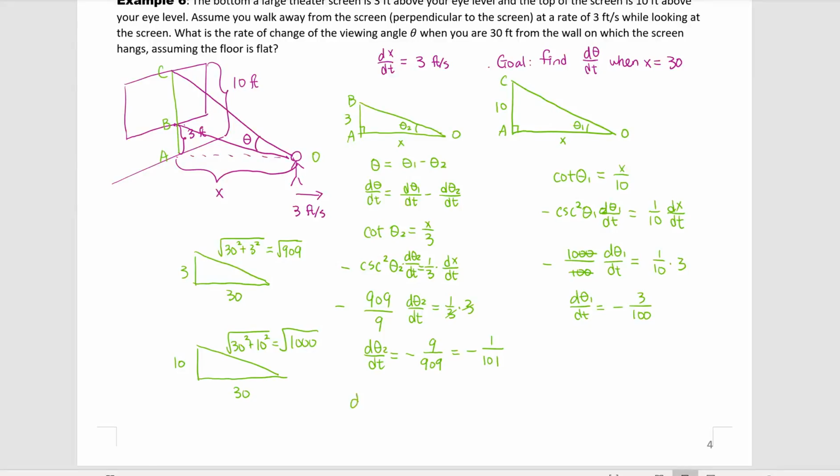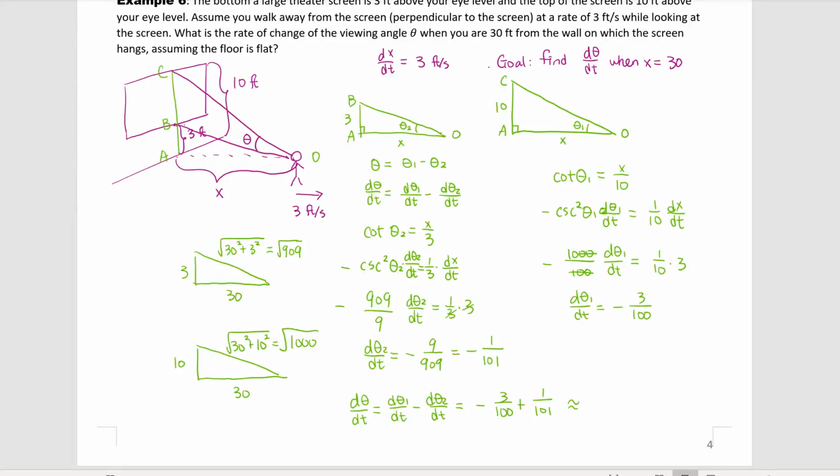Okay, finally, d theta dt is d theta 1 dt minus d theta 2 dt. d theta 1 dt is negative 3 over 100 minus negative, which becomes positive, 1 over 101. So approximately, let's put this in our calculator: negative 3 over 100 plus 1 over 101.